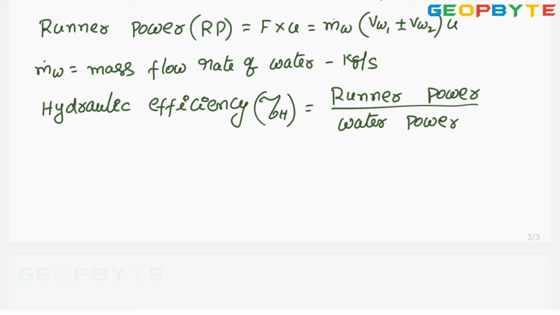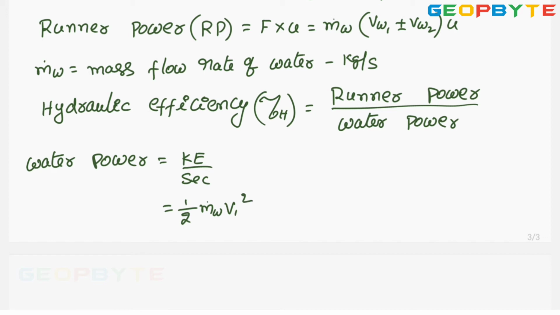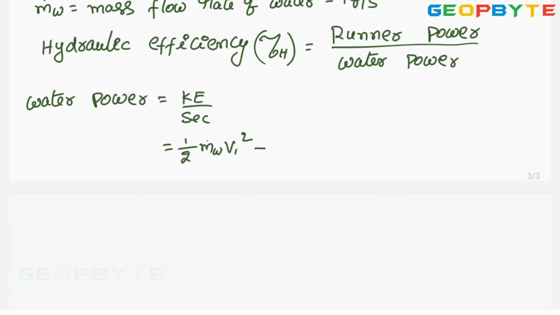Here water power equal to kinetic energy of the water per second. Kinetic energy of the water is half into m dot W into V1 square. Since mass flow rate is in kg per second, directly we get it in kilojoules per second.